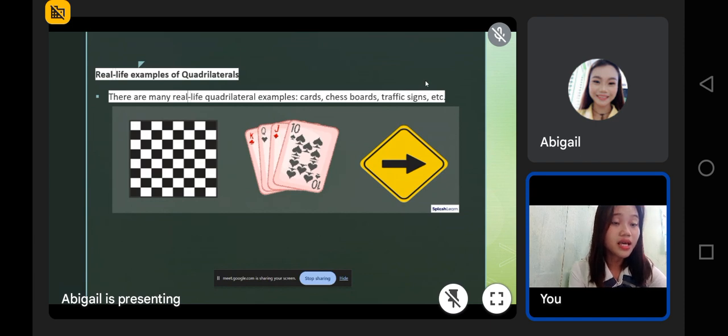You can see it is also a quadrilateral. And also a book, a notebook, a paper, those are also quadrilaterals. And also a picture frame, and the last is the door, and many more examples of quadrilaterals.